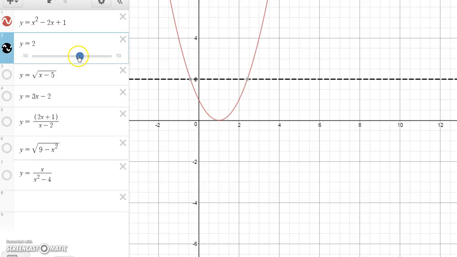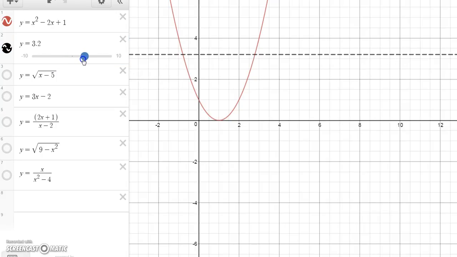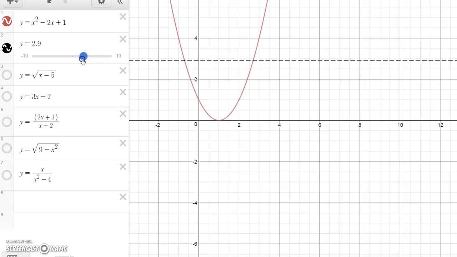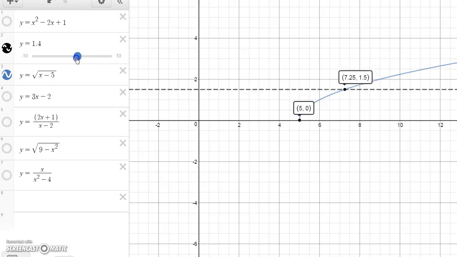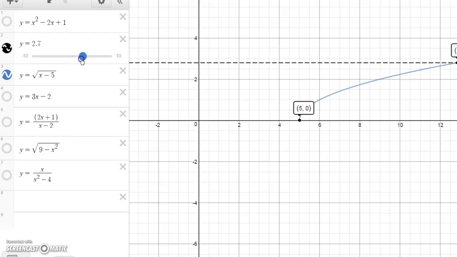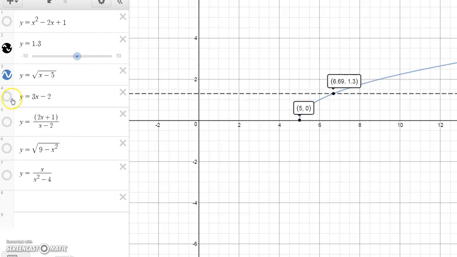So there's a horizontal line. Now you can see that there's lots of places where this line crosses the graph more than once. So therefore, this function is not one-to-one. This function is one-to-one because the horizontal line only crosses it one place.